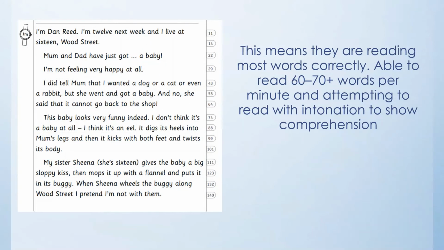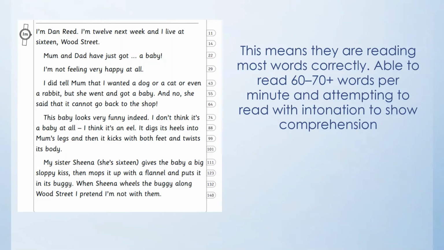So, to get into the blue group, this is what they have to be able to read. This is a piece of reading that we would give them, and they are expected to read most of these words correctly and not make many errors. They are also able to read 60 to 70 plus words in a minute. You can see this is why we are focusing on those speedy green words, the thread in our head and the fluency, because they are having to read 70 words a minute.